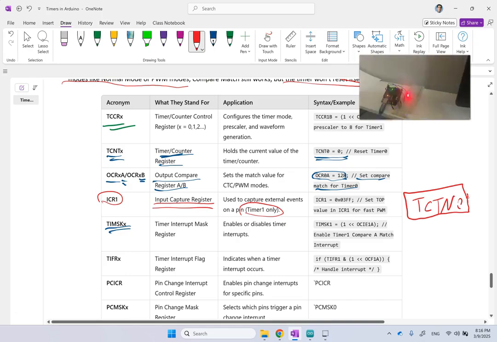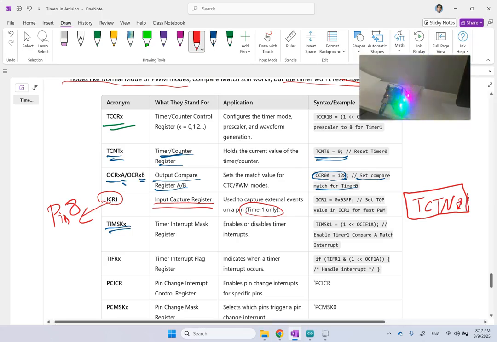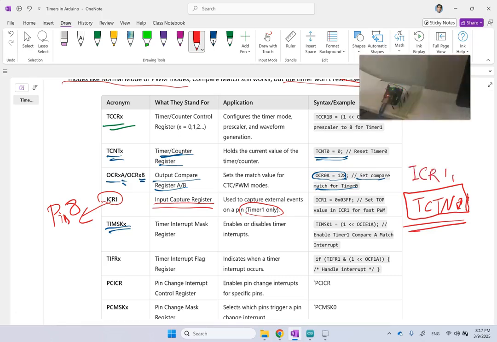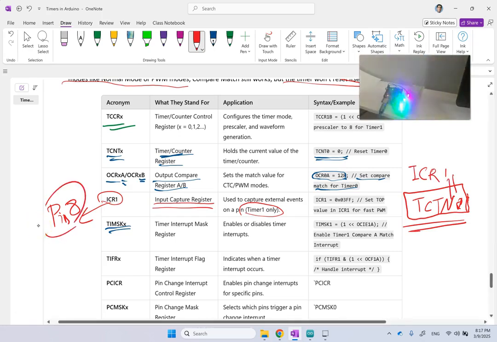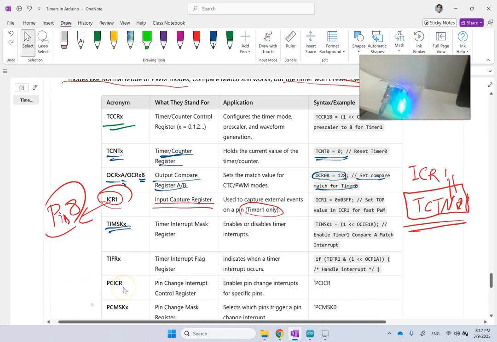For instance, if something special happens on a pin, in this case pin 8, for instance its value changes or goes up, then you want to know at what time, at what counter value, this event happened. So you want to set your ICR1 to this variable. Right when something happens at pin 8, you capture the time of that event. That is ICR1. It's a very powerful one, okay? It captures the time for a specific event.